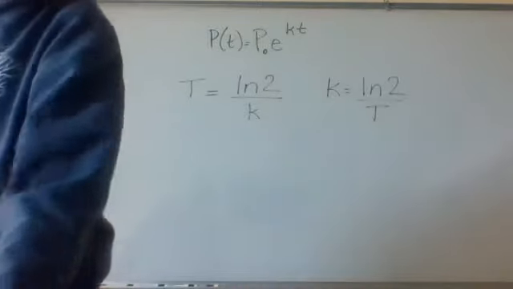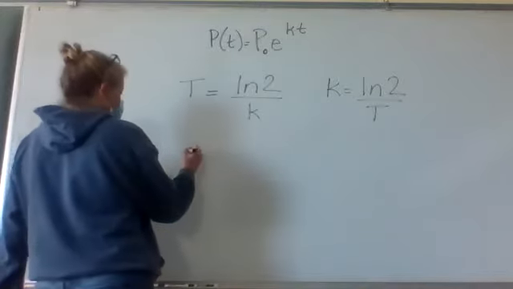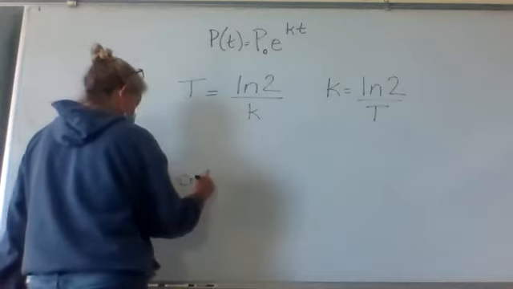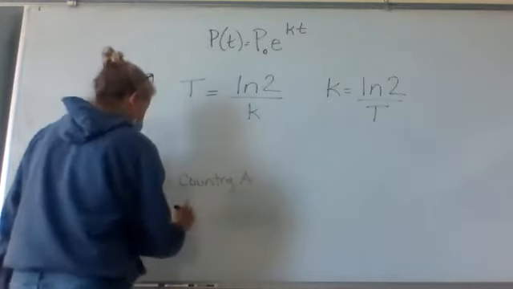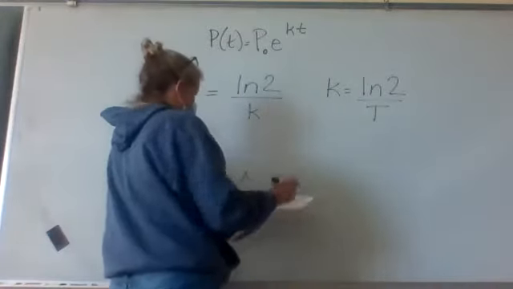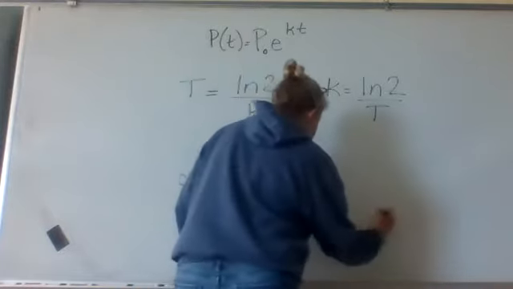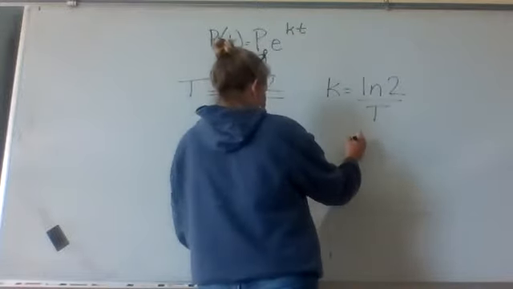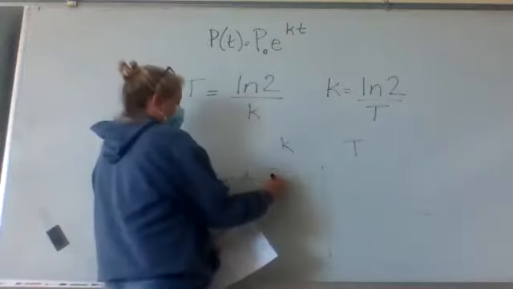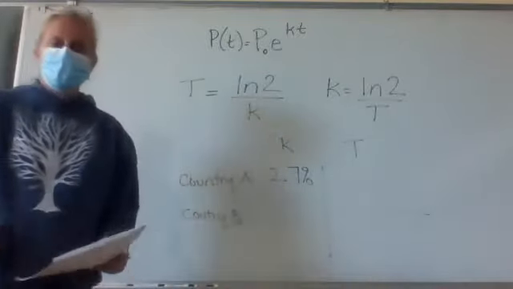So on number 2, it's going to have a chart. It's going to be dealing with population again, and it's going to have 2 countries, country A and country B. For country A, it's going to tell me the growth rate is 2.7% per year, and it's going to ask me to find the doubling time.